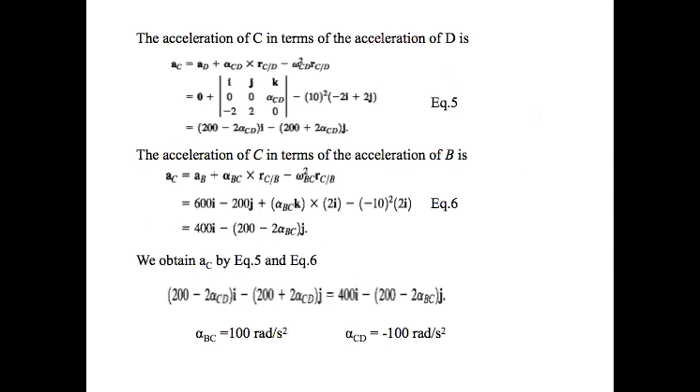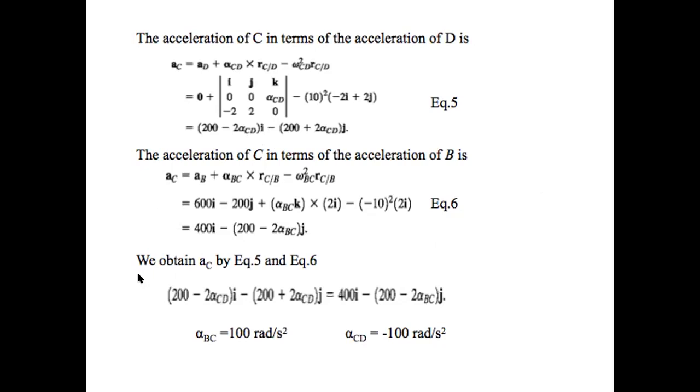For finding the acceleration of C, we can determine it in terms of the acceleration of D. We don't know alpha CD, but we found omega CD in the previous step. We solve this one. Again, alpha CD is still unknown. And also the acceleration of C in terms of the acceleration of B is like this one. And from this equation, we also have alpha BC.